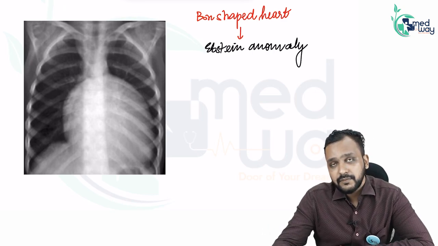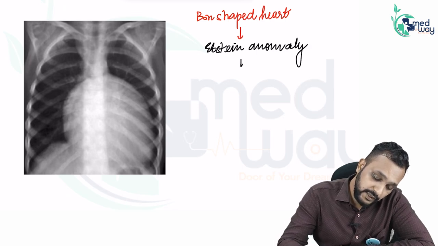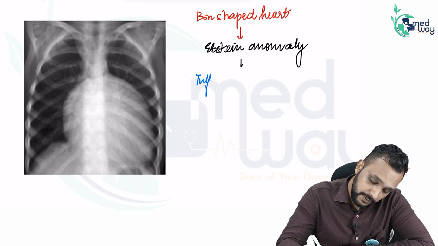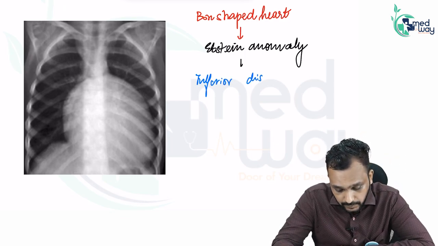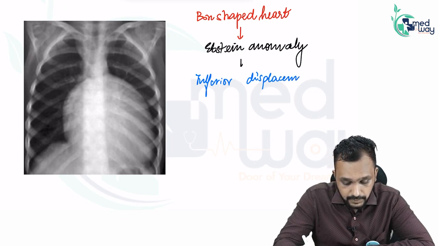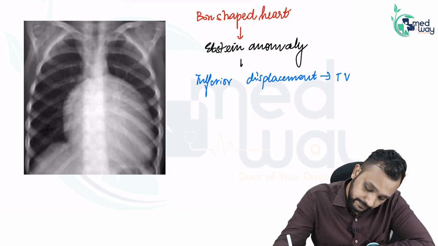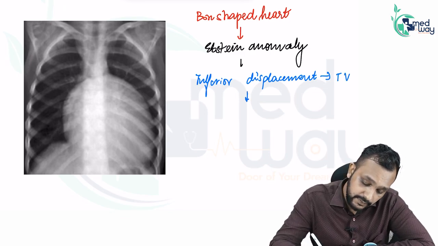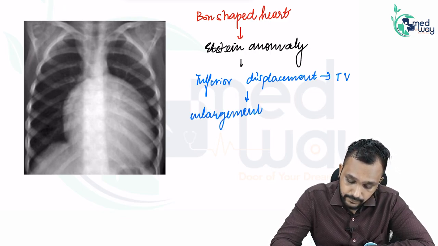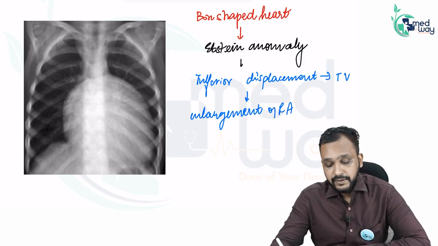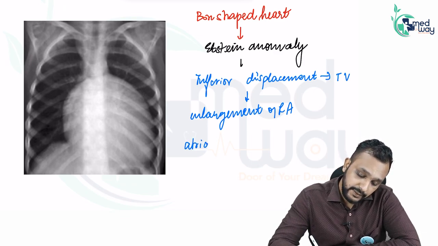And guys, what happens in Epstein anomaly? There is inferior displacement of the tricuspid leaflet. Because of the inferior displacement of the tricuspid leaflet, there is enlargement of the right atrium, or we can say there is atrialization of the right ventricle.